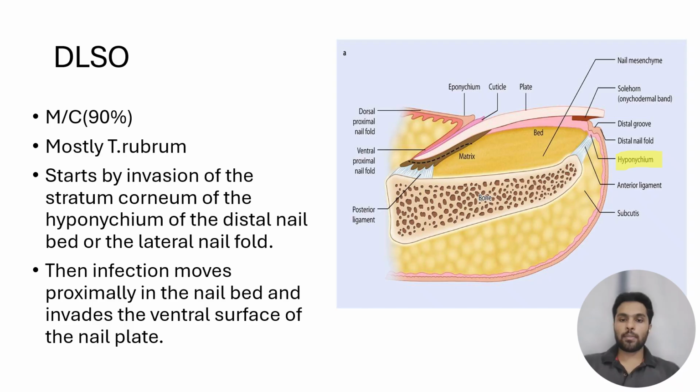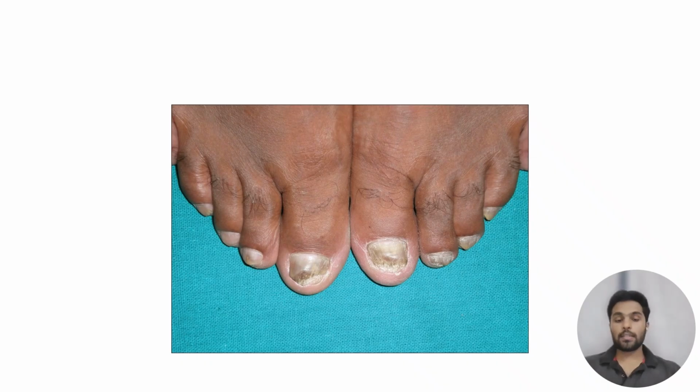It's the area between the distal nail fold of the nail bed and the distal nail plate, distal free end of the nail plate. And the infection moves proximally in the nail bed and invades the ventral surface of the nail plate. And this is the image showing the DLSO.